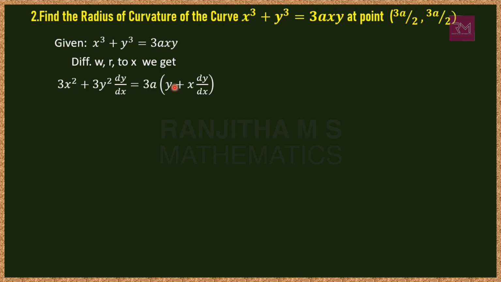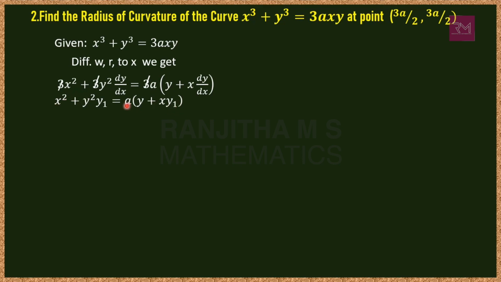Take y as first function and x as second function. We get first function into differentiation of x is 1 plus second function into differentiation of y is dy by dx. Here take dy by dx as y1 and cancelling the 3 term here, we get x square plus y square into y1, which is equal to a into y plus x into y1.